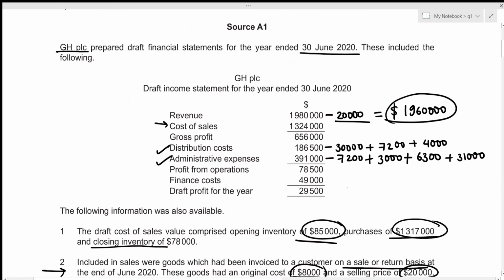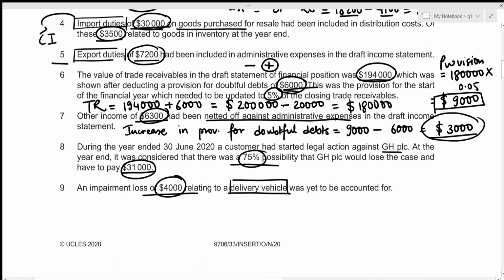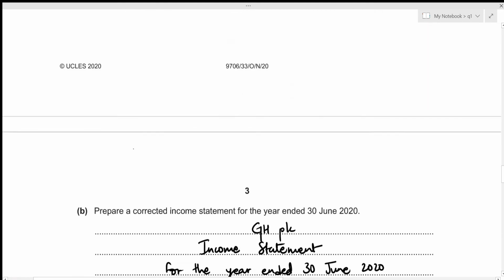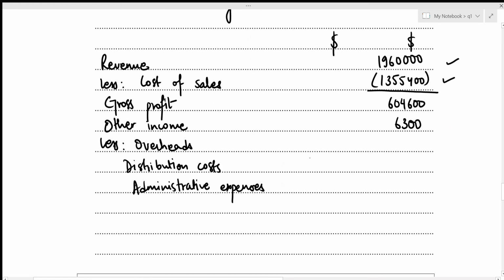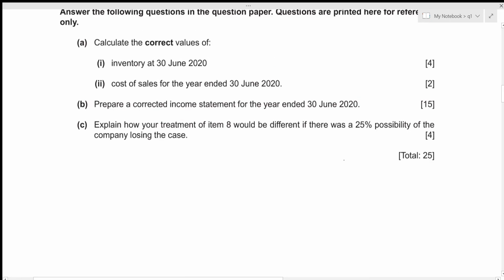Alright, for distribution cost, that's going to be 186,500 minus 30,000 plus 7,200 plus 4,000, which results in the value of 167,700. Let's charge this amount to our income statement. That is 167,700. Now let's figure out the total for administrative expenses as well.